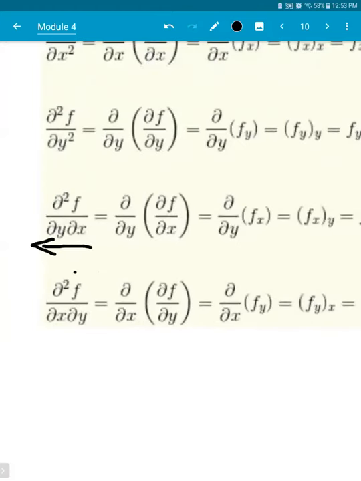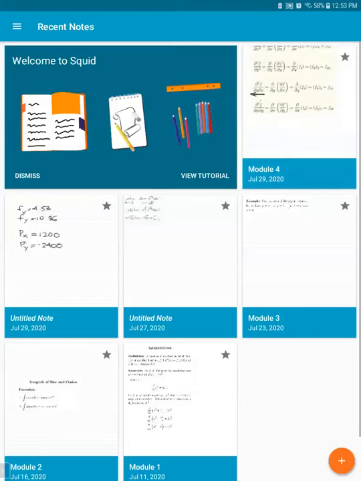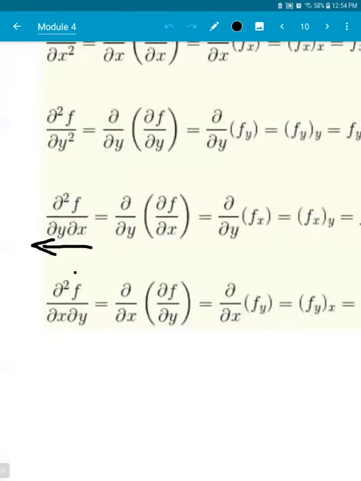So whenever you see that notation, you first differentiate with respect to x, and then with respect to y. We write it in this order so that you have to read it from right to left when you evaluate.